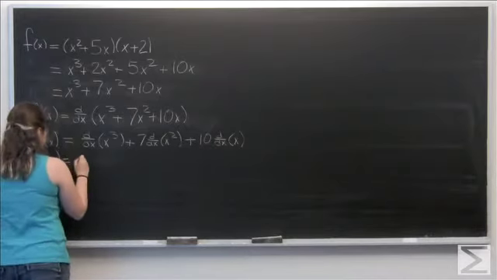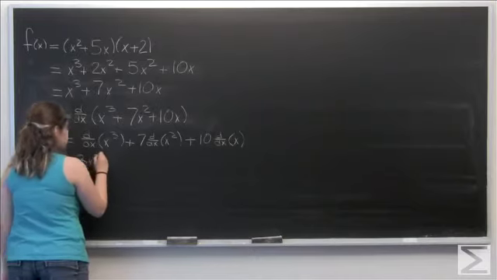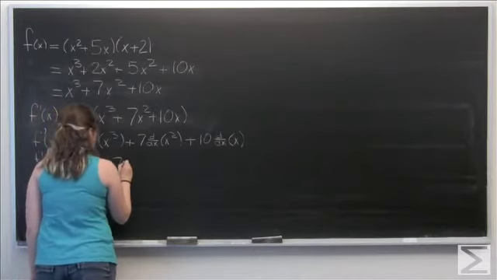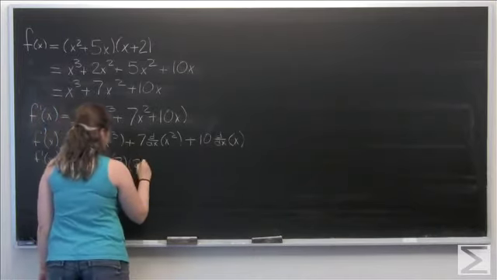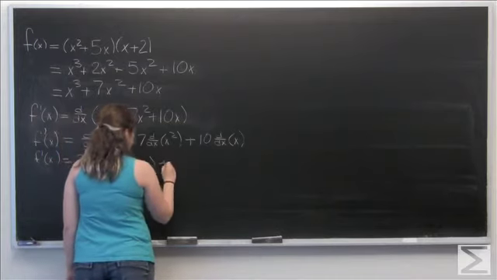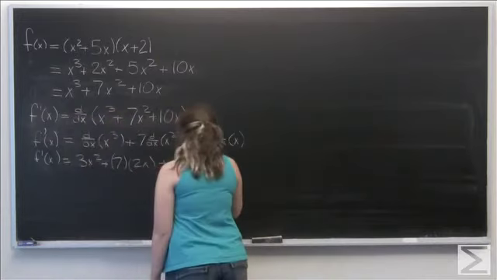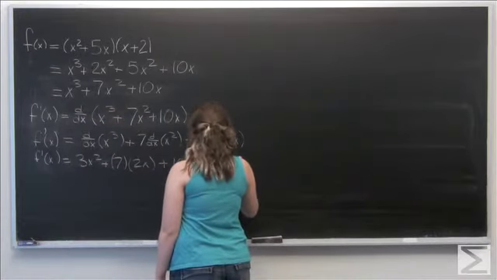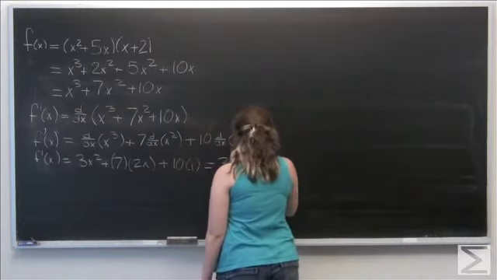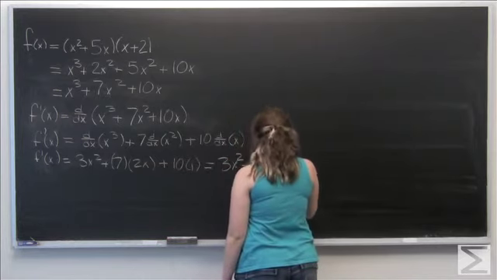That is equal to 3x squared plus 7 times 2x plus 10 times 1, which is also equal to 3x squared plus 14x plus 10.